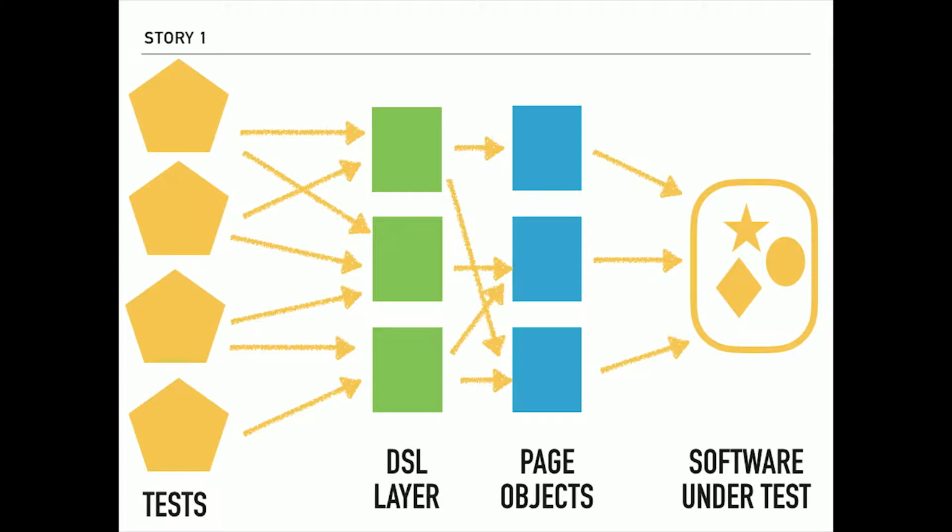So if you think about things like the single responsibility principle, each page object is responsible for just one thing, like the interaction to log into a page. And then our DSL layer never interacts directly with the software under test. It just interacts with whichever page objects are required to do the job. And then finally, our tests are just saying, I want to do things, and they're stating them in high-level business talk. And the only reason for tests now to change is if we've fundamentally changed a business requirement.